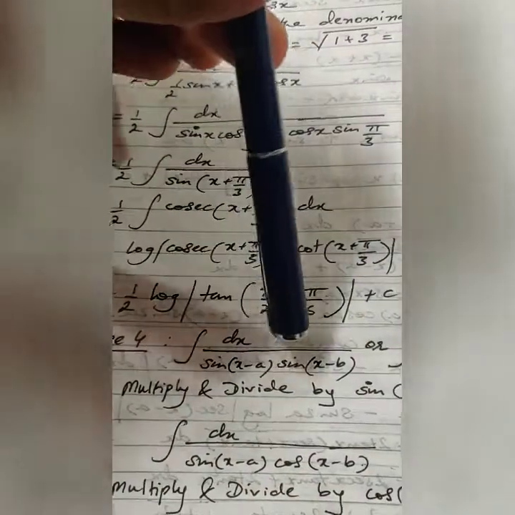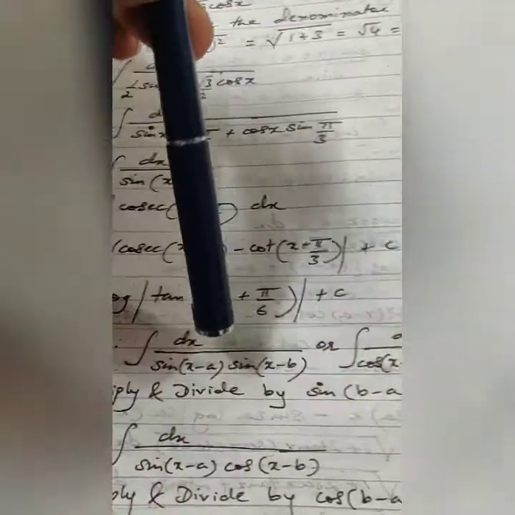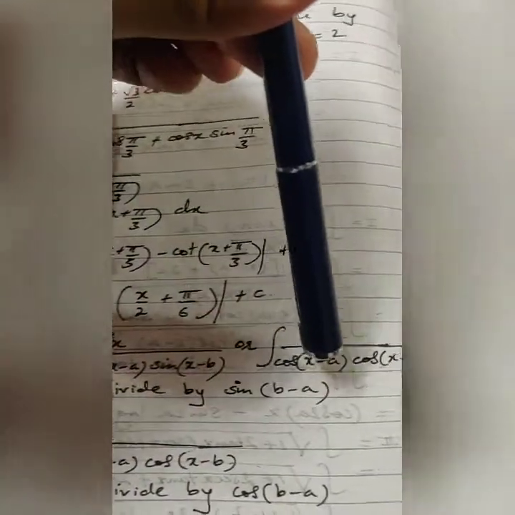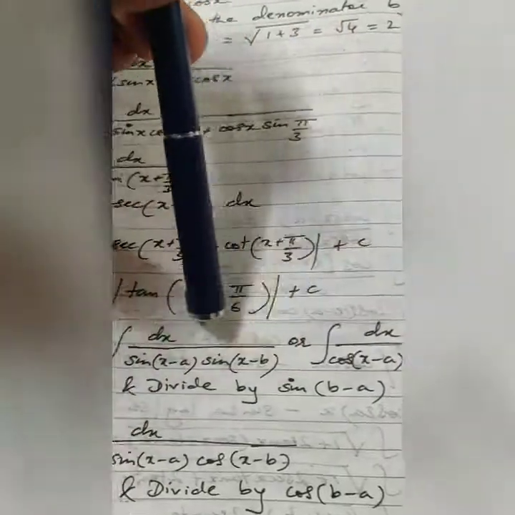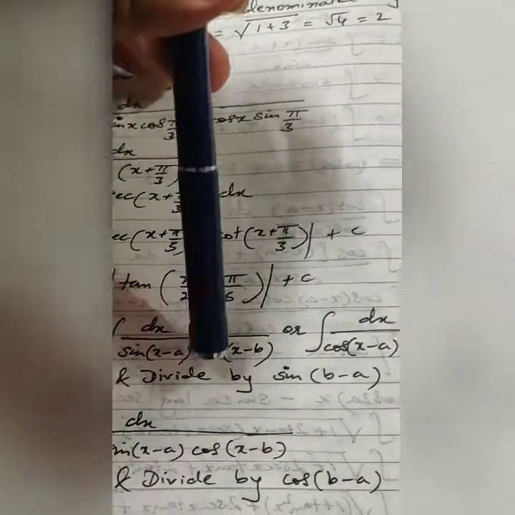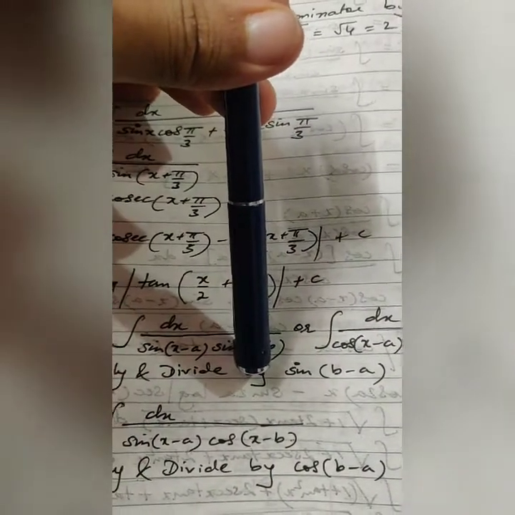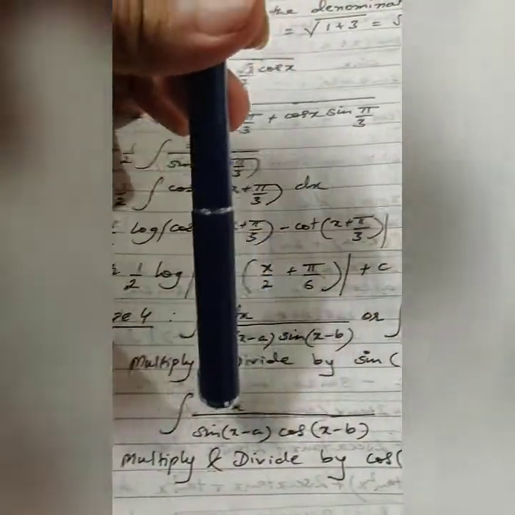So if both these terms are sine or both the terms are cos with the same angles, x minus a and x minus b, here you see this, then we will multiply and divide by sine of b minus a. So both have to be sine or both have to be cos. Then we'll multiply and divide by sine of b minus a.